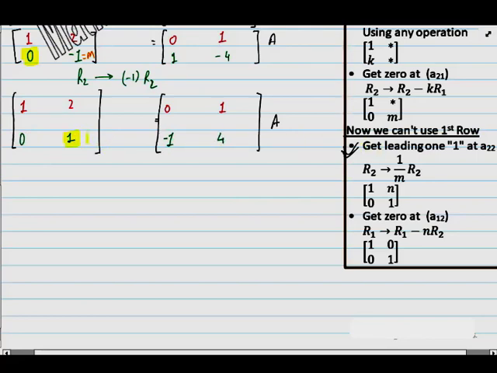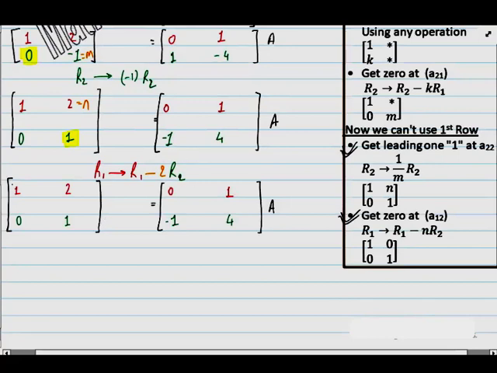We get leading one as well as the value of N. Now to move to the next step, the preferable operation is R1 gives R1 minus N, or we can say 2R2, right? So let's write down.